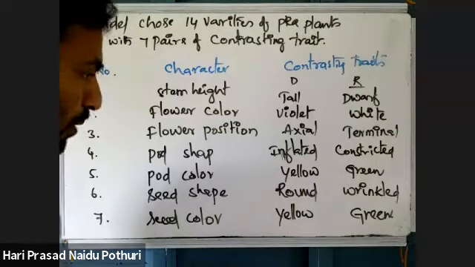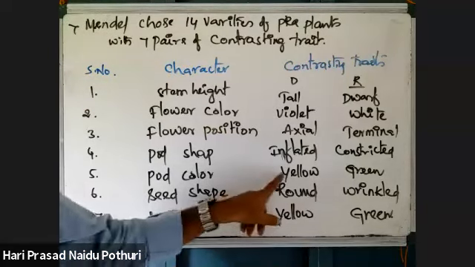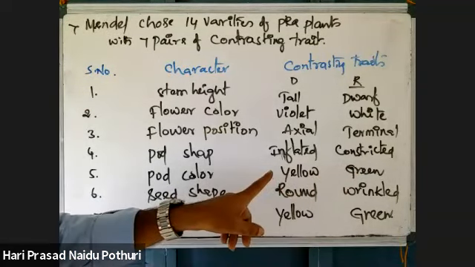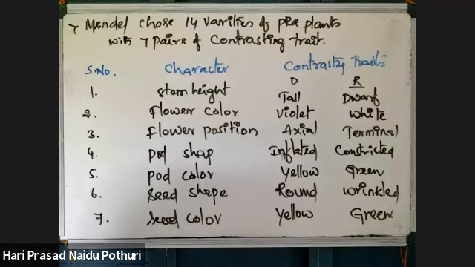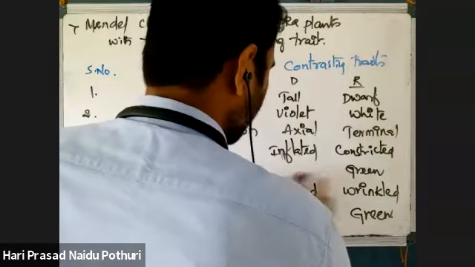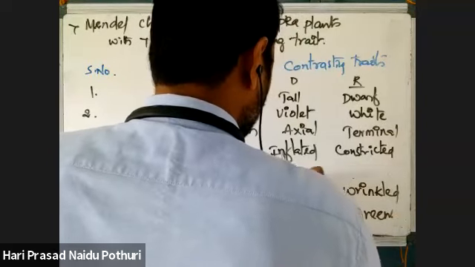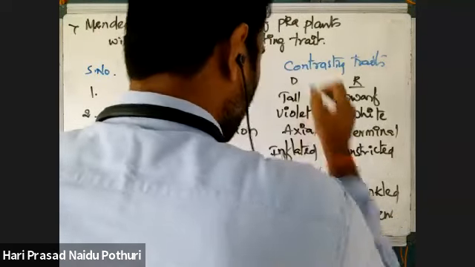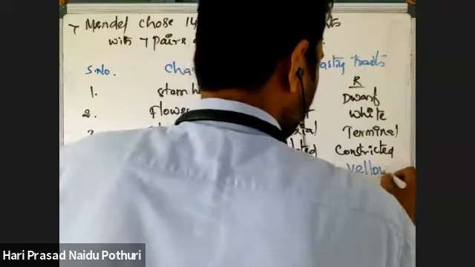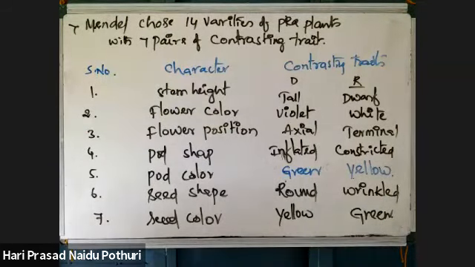What is dominant in pod color? Sorry, wait, I wrote it differently. Green is dominant, yellow is recessive for pod color. Stem height, dominant tall, recessive dwarf. Flower color, dominant violet, recessive white. Flower position, axial, terminal.